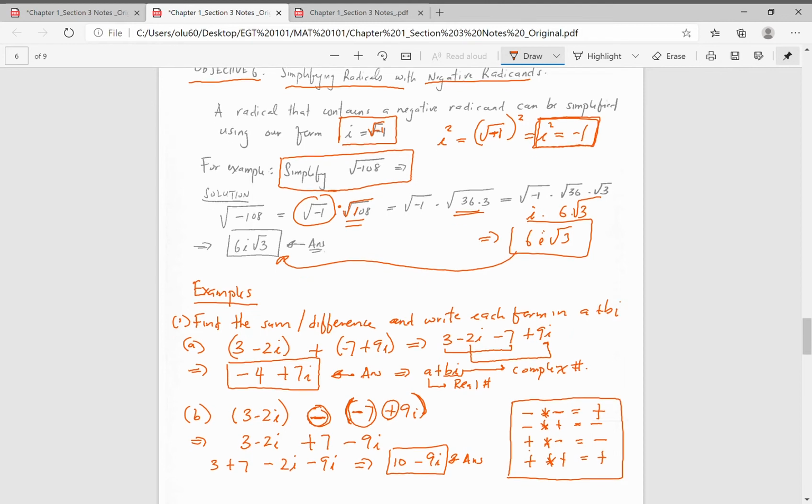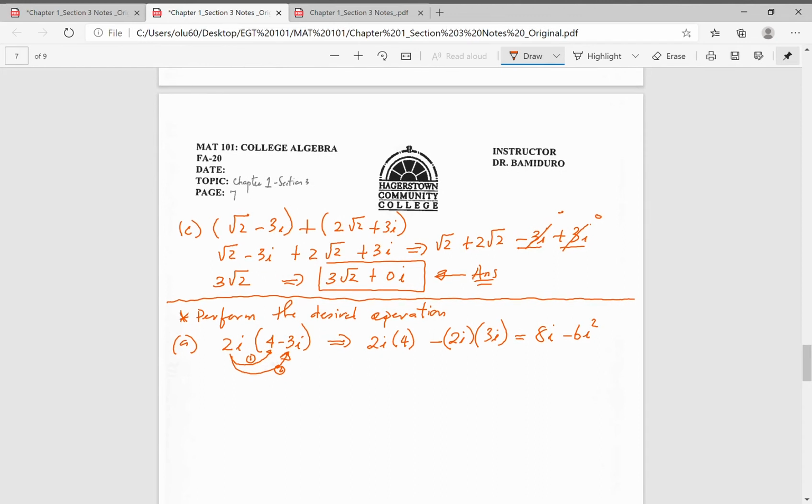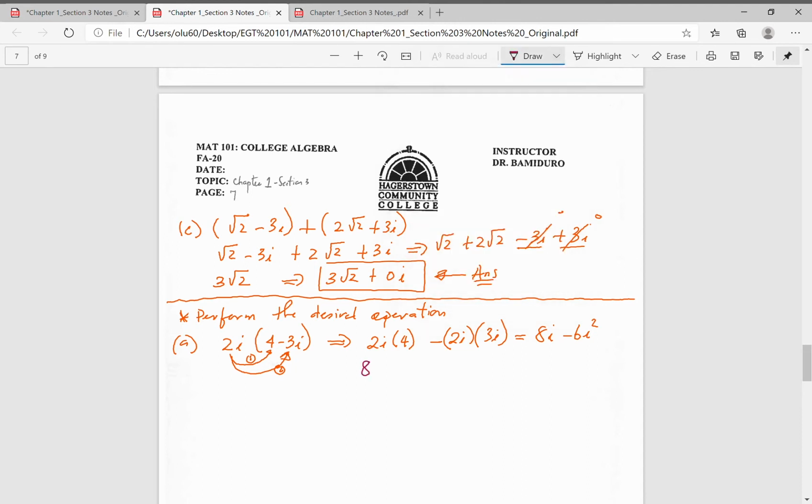So with that being said, we can now say that 8i minus 6 times negative 1 equals 8i plus 6.